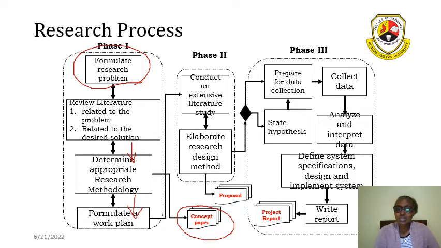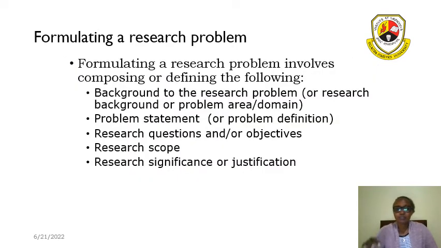Once this is approved, you then move to phase 3. Phase 3 is actually going out in the field, and you collect your data, analyze it, define your system, implement it, pick your results, and then write your report. That's the pictorial view of the research process.